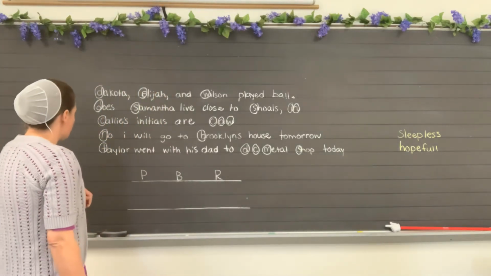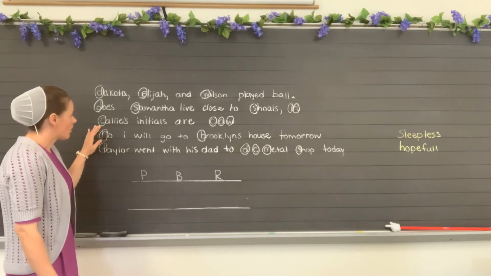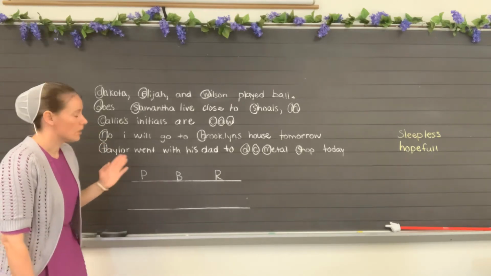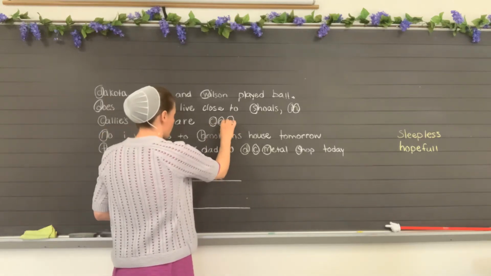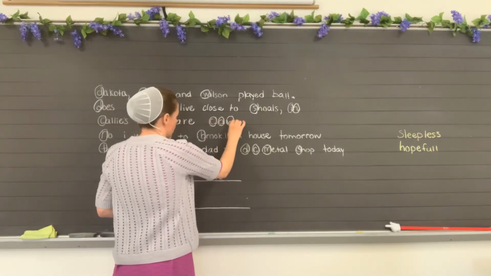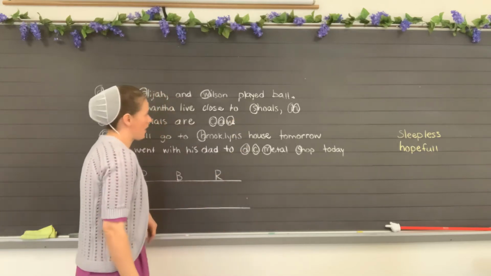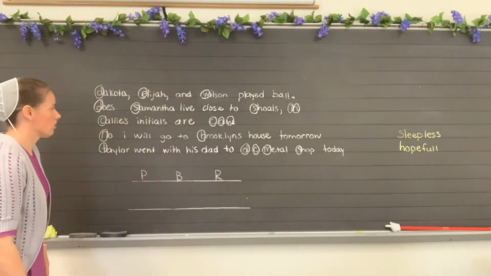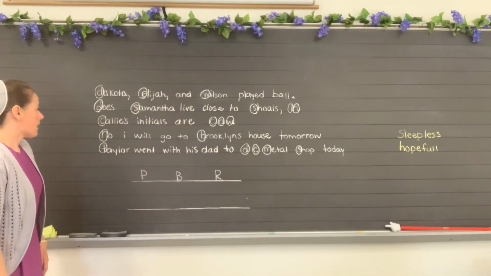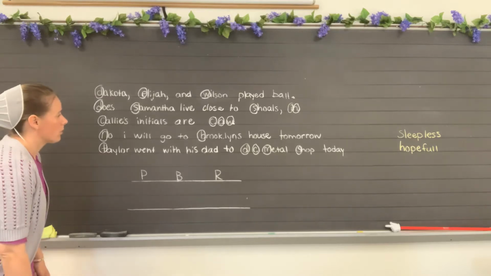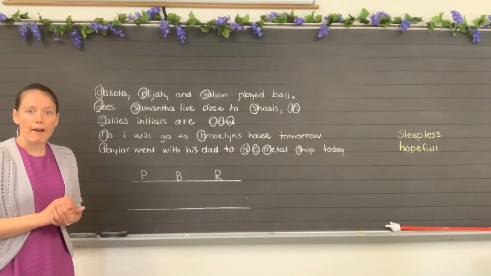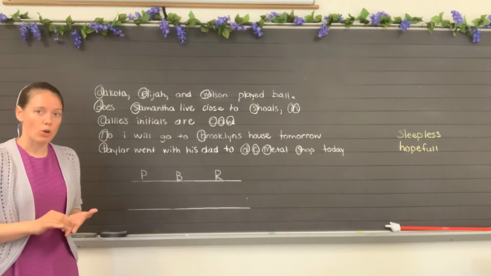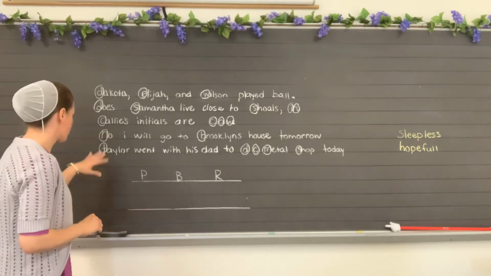Okay, next sentence is, Callie's initials are C-A-W, so the initials get a period after each letter, and again, that's the end of the sentence, so you don't need any more. Next sentence is, No, I will go to Brooklyn's house tomorrow. Remember that after the words yes and no, you need a comma in a sentence.